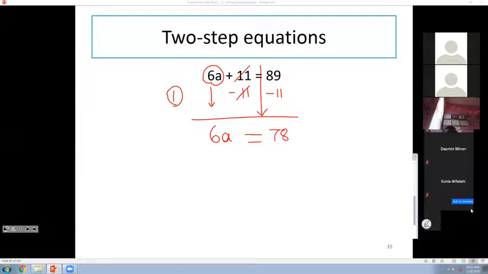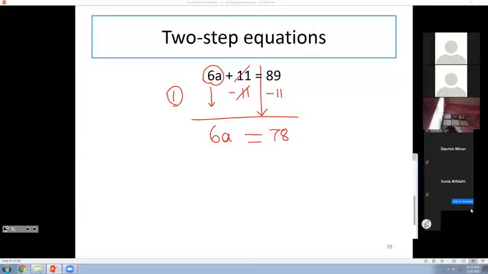All right, 78. So we will be taking away 6, right? Yes, Kian, you are right. Now, Kevin, what is the operation between 6 and A in here? The opposite of multiplication, which is division.